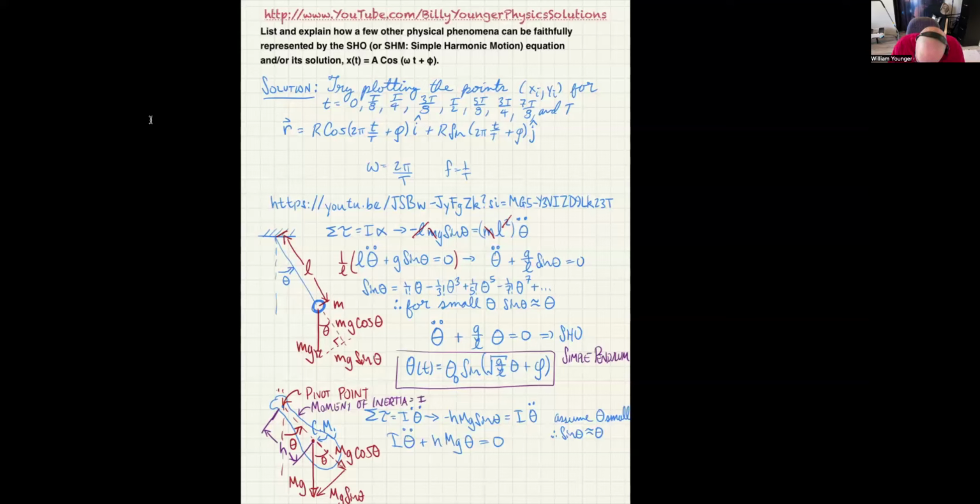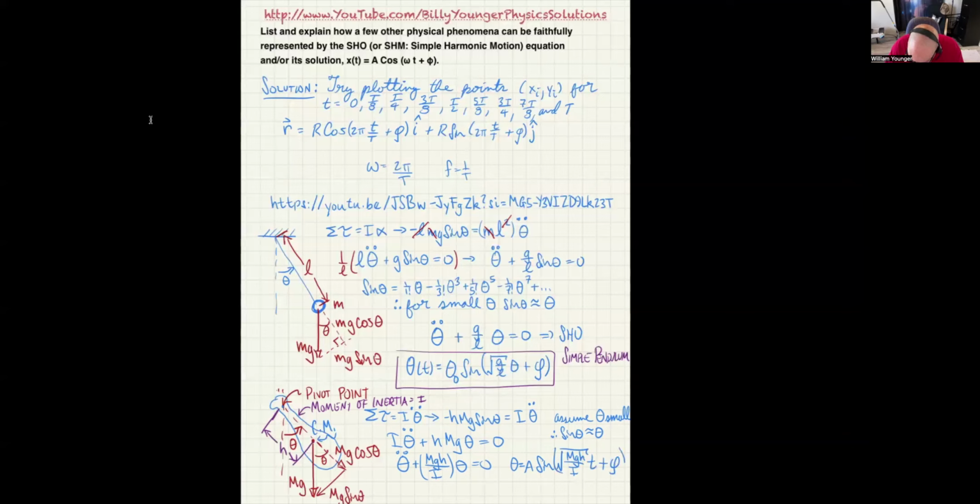We divide both sides by I, and we're going to find that theta double dot plus M times G times H over I times theta is equal to 0. So we see that theta is equal to A sine of the square root of MGH over I times t plus phi.